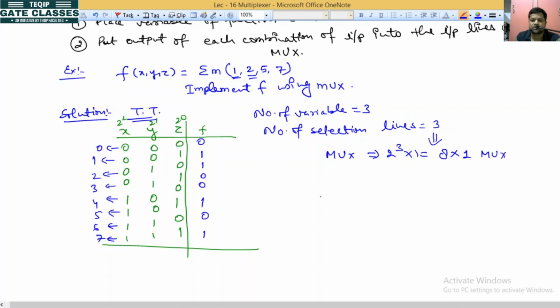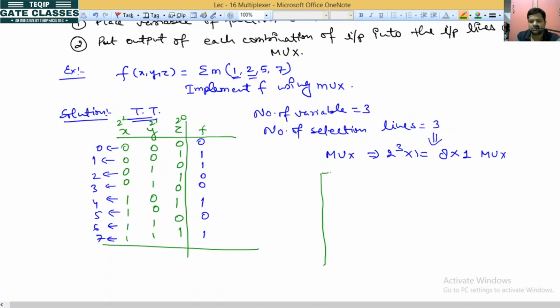So we have to implement this function using an 8 cross 1 mux. If the mux is given, you can go with that. If the mux is not given, then you can decide which mux is required to implement f.